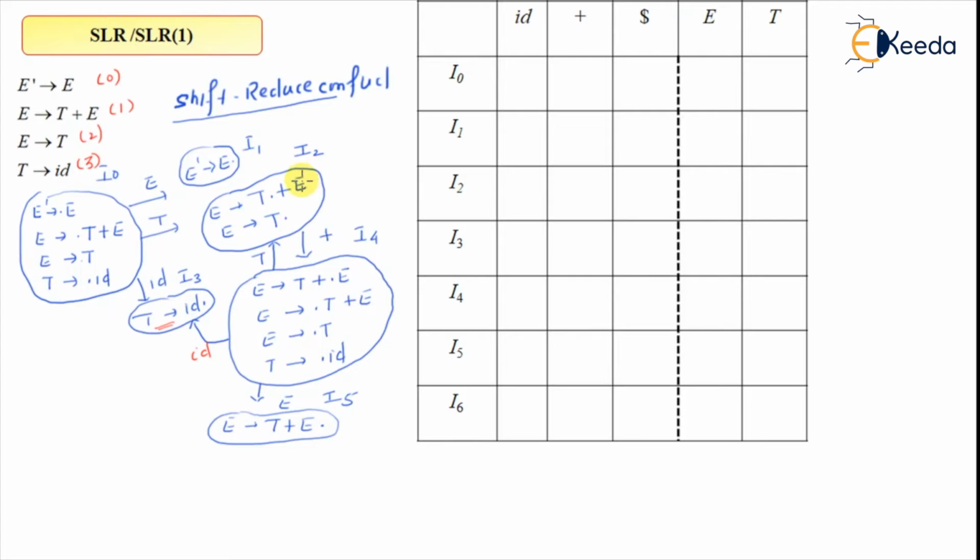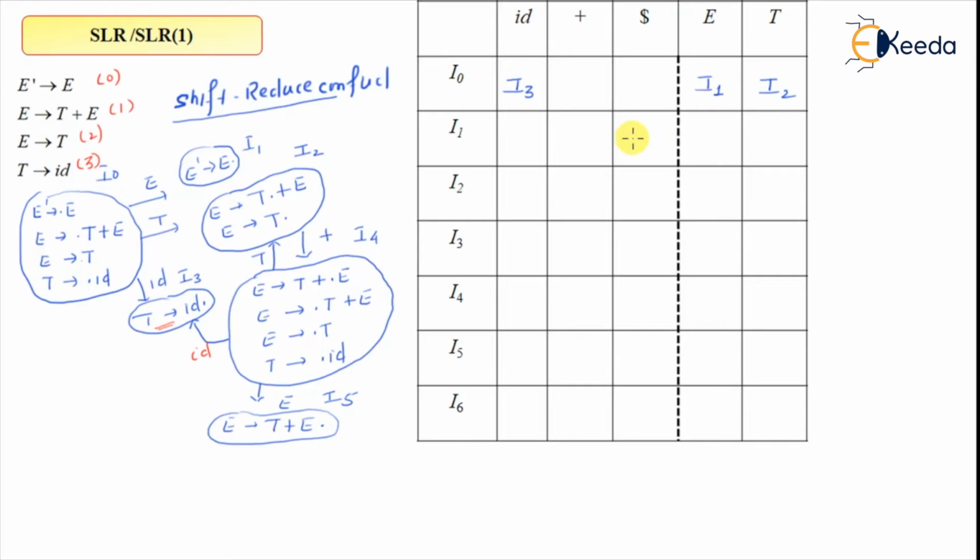So now we will reconstruct this table and follow the rule of SLR. See how the rules are implemented. I0 on input E goes to the state I1, on input T goes to the state I2, and on input ID goes to the state I3.